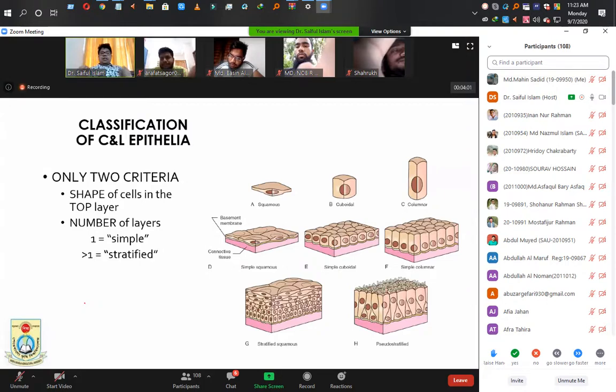We have to observe very keenly the surface layer, I mean the top layer. If the cells of the top layer are flattened, squamous, then it is called stratified squamous. So this is the main point. Please note it down. Make notes in your copy, otherwise you cannot understand anything in my future classes.